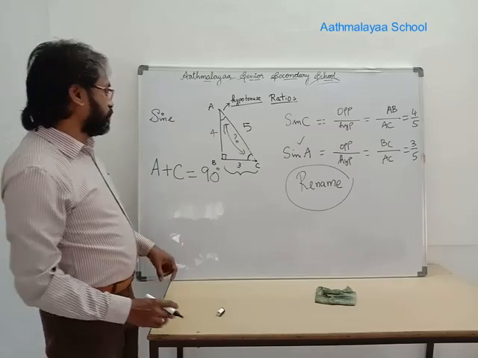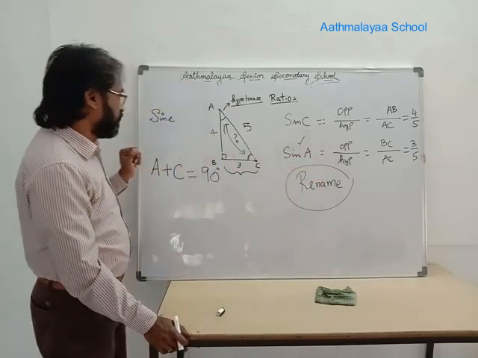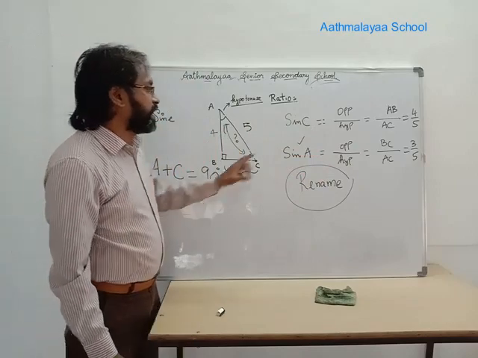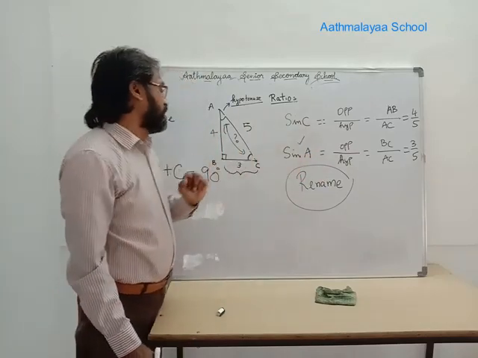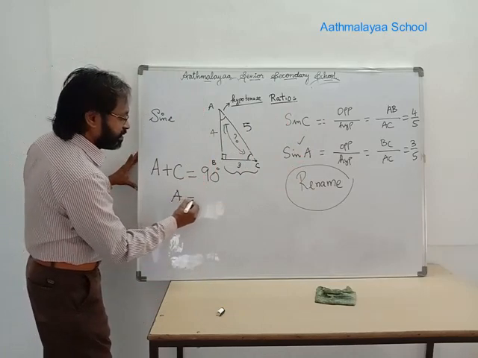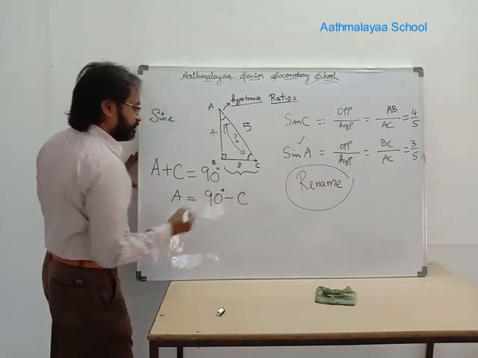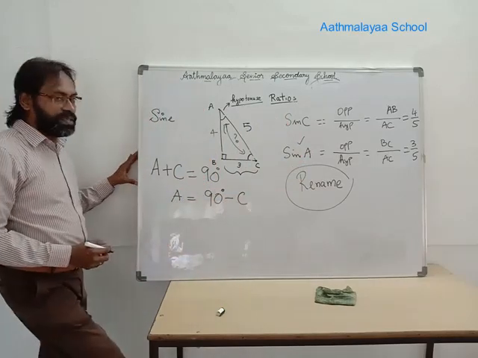Suppose I want to write angle A in terms of angle C, how can I write it? I can write angle A as 90 minus angle C. So what do we mean by this?